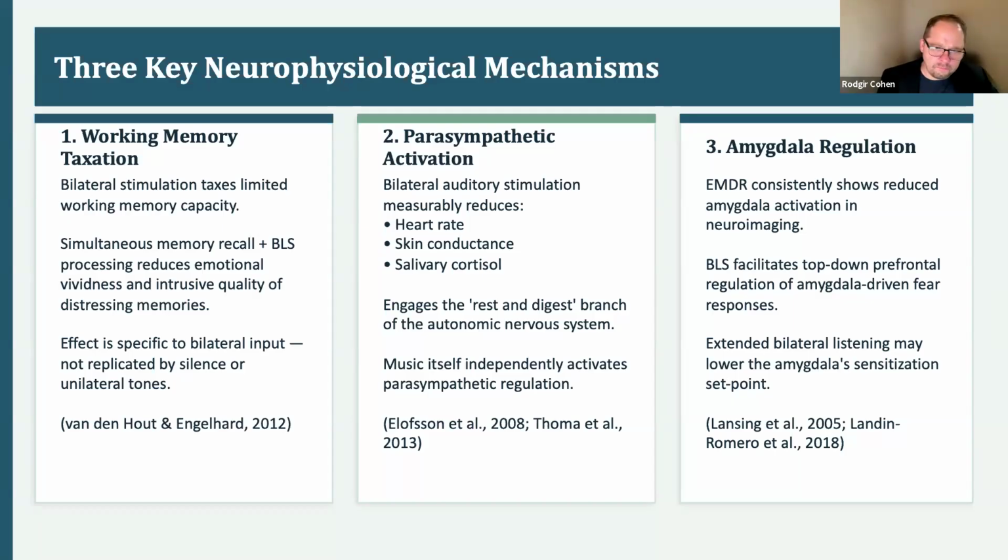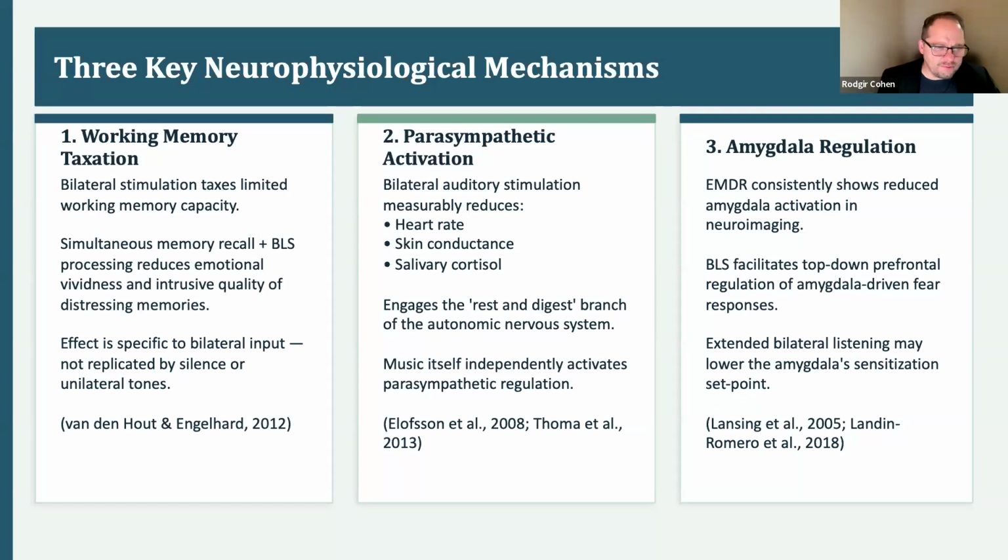It reduces the heart rate, lowers cortisol, decreases muscle tension, and slows respiration. Research by Thoma and colleagues in 2013 suggested that these effects come from music specifically. For anxiety disorders, this is significant because the anxiety response is fundamentally a physiological one. It's in the body, not just the mind. Engaging the parasympathetic system directly addresses the somatic substrate of anxiety, so it really is helping at the very core.